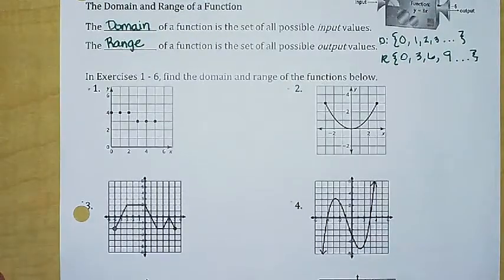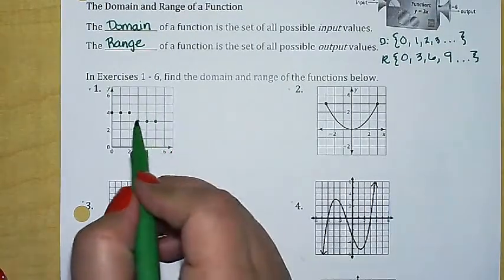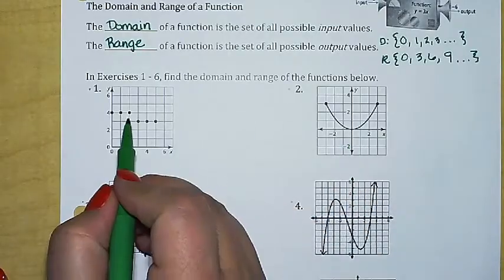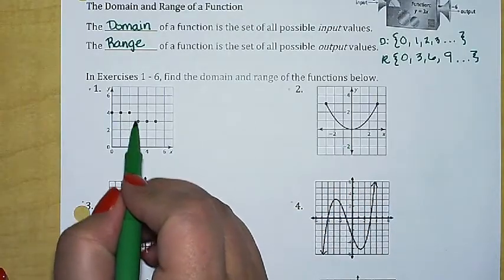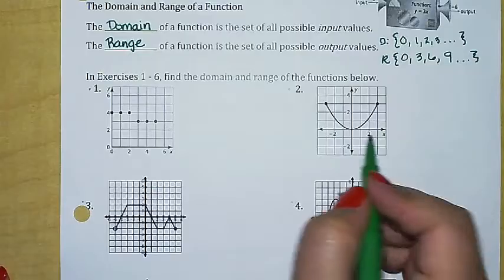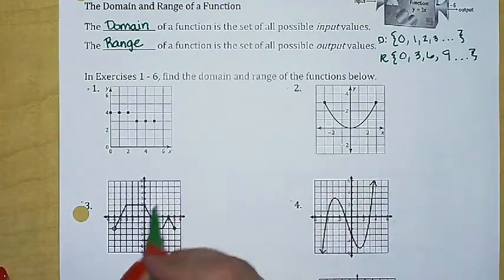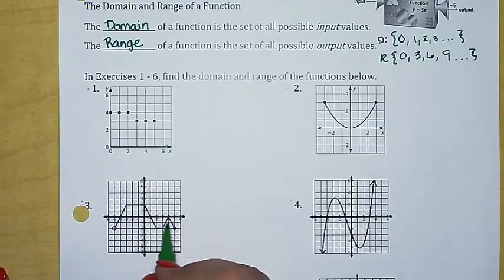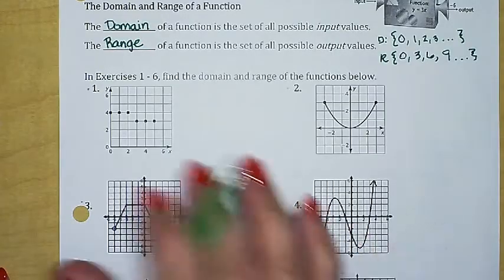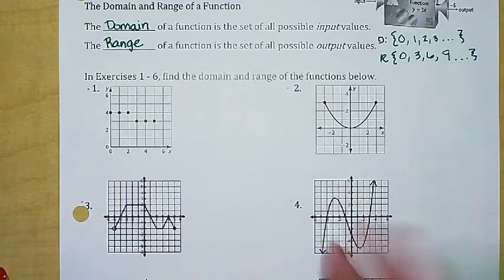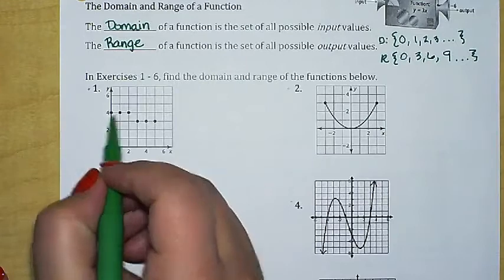Now, the first thing that I want to draw your attention to is that we have two different types of graphs. Sometimes they're separate points and they're not connected, and sometimes they are connected and there's either a curve or lines connecting them, and that will make a big difference in terms of how we write our domain and range. Okay, so on number 1, these are not connected.